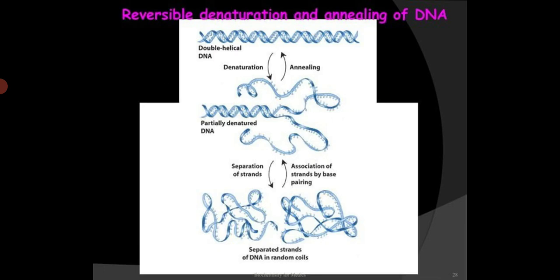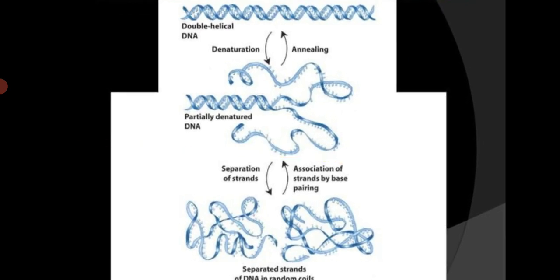DNA melting and annealing. The double helical strand gets denatured with the help of high temperature, and the two strands get separated, and this separation is called denaturation. At a high temperature of more than 95, the hydrogen bonds break and the two strands come apart from each other. This denatured strand can further associate to form an intact DNA, and this is called annealing, and for this there is a need for hydrogen bonds.